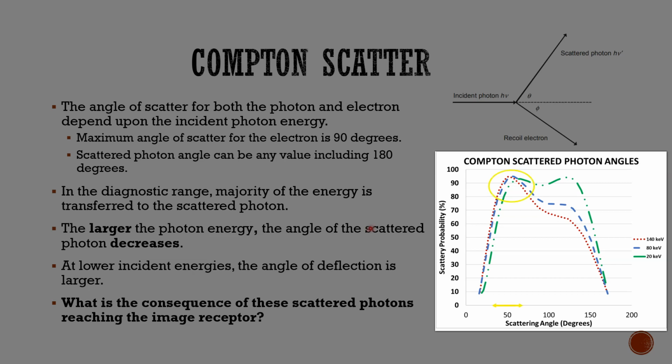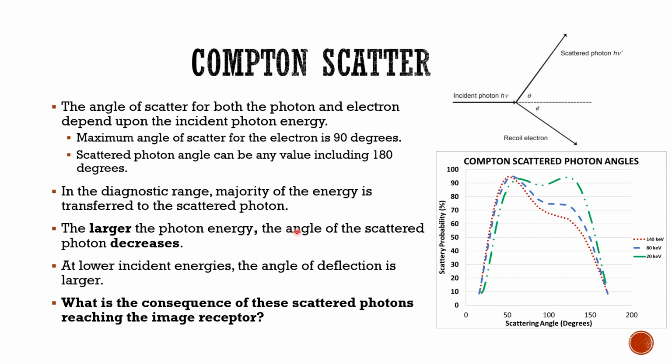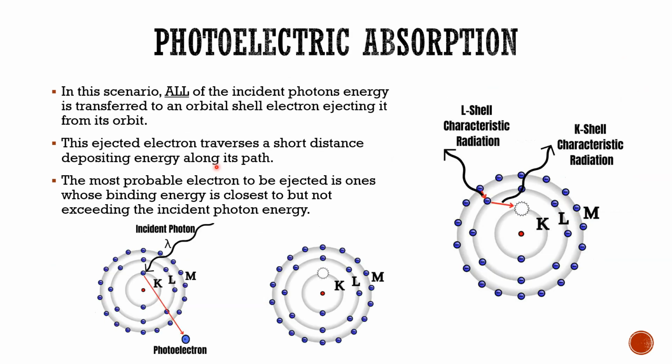That ties back into the point that the larger the photon energy, the more the angle of scatter of the photon decreases. The larger photon energy refers to the incident photon. So as the incident photon energy is greater, the likelihood of the scattered photon going in more of a forward direction increases. Alright, the next interaction that we'll talk about is photoelectric absorption.